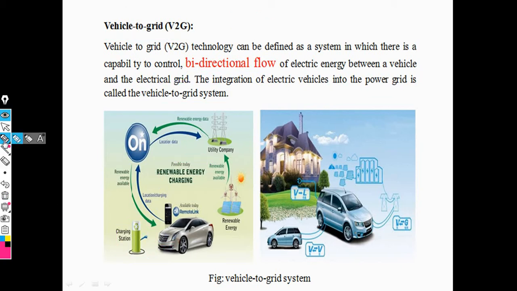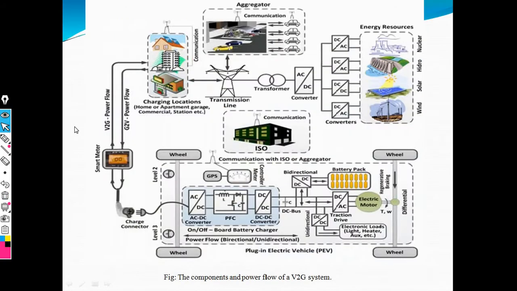Okay. Now, these are the components used in the vehicle to grid system. This is also called the power flow of the vehicle to grid system. This is the exact construction diagram, and the vehicle system can be connected with the help of the grid system.